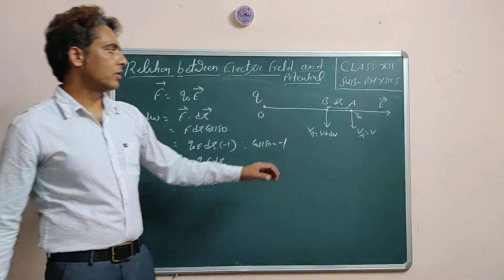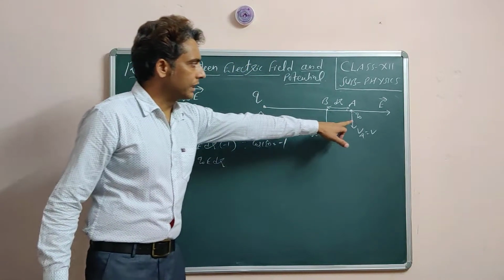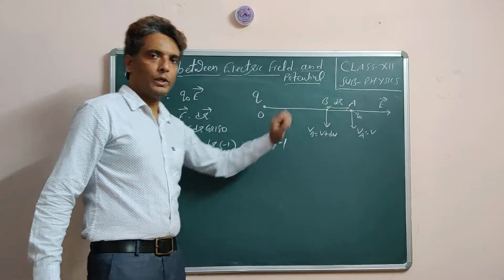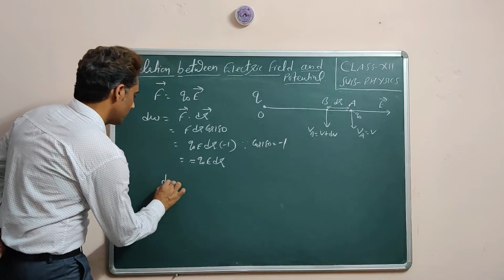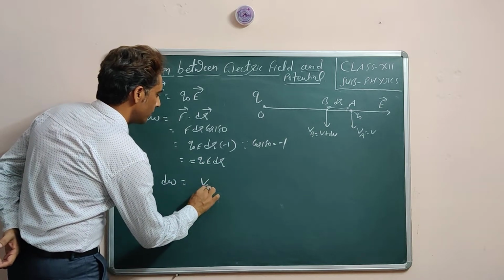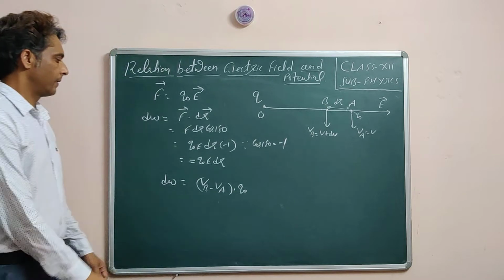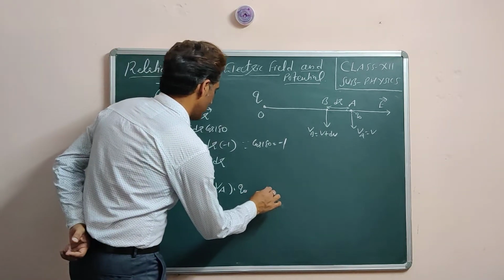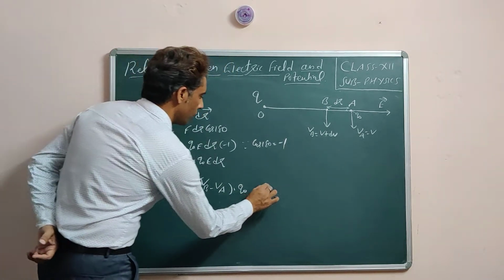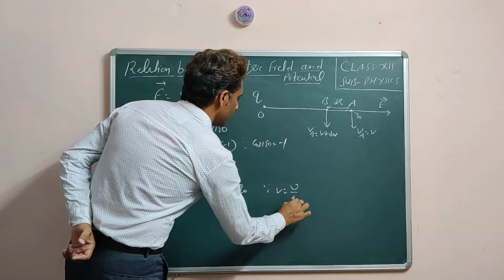Again, by definition of potential difference, the small amount of work done moving this test charge Q naught from A to B can be written as dW is equal to potential difference, that is VB minus VA, into Q naught, because potential difference V is equal to work done per unit charge.